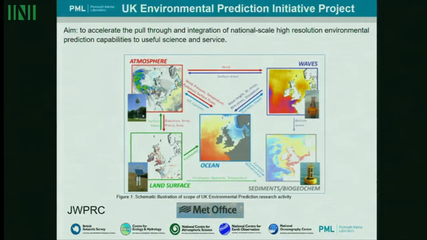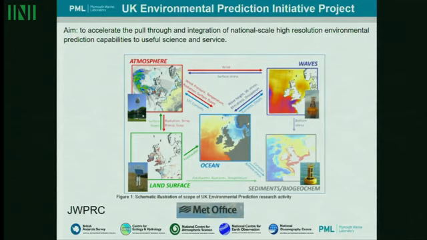Following on from this, under the auspices of the Joint Weather Climate Research Programme, there is the UK Environmental Prediction Project, which has just begun its second phase through to 2020. It is essentially looking to develop a national scale, high resolution environmental prediction model, which couples everything together.